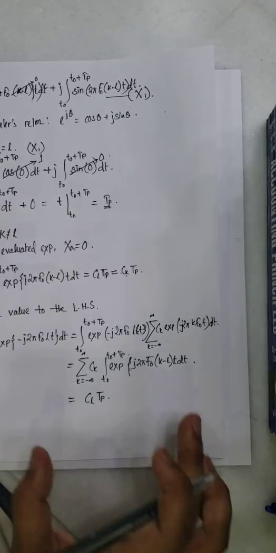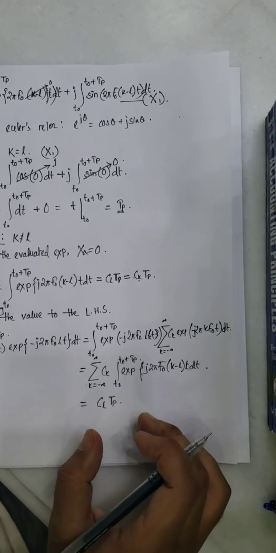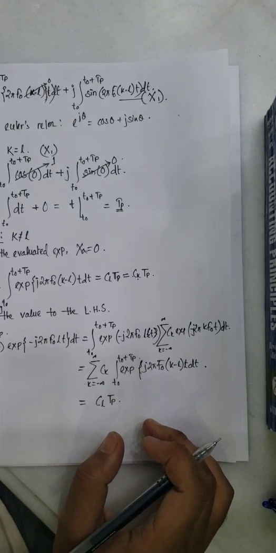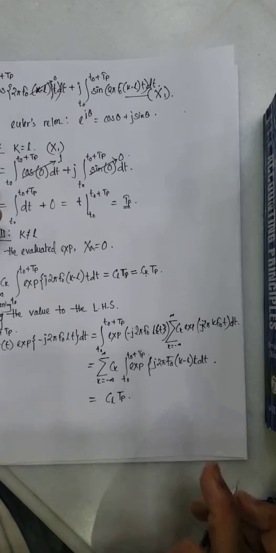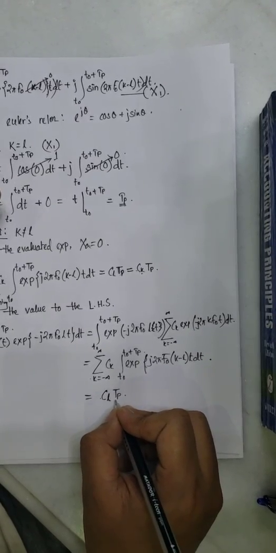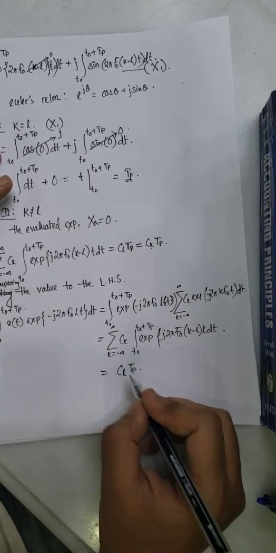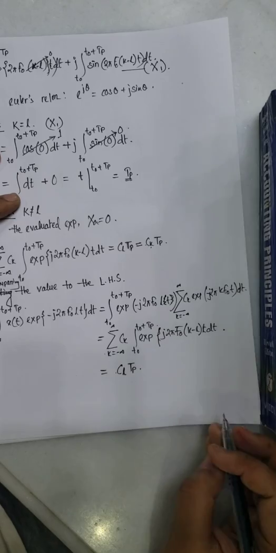So as you can see, this complicated equation has collapsed into a rather simplified one. And in doing so, we see CL is nothing but the Fourier coefficient, and we can do the cross multiplication to find out the value of CL.